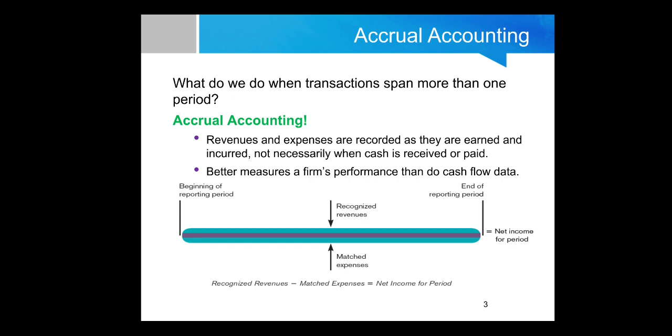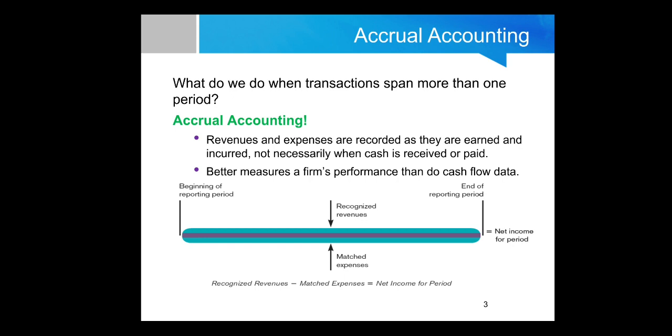Like the example that I made earlier, you receive an electricity bill of $300 on the 29th of December, but you will pay on the 5th of January. So the way to record this electricity expense is to record the expense on the 29th of December, because it happened at that time. You cannot record the transaction on the 5th of January.